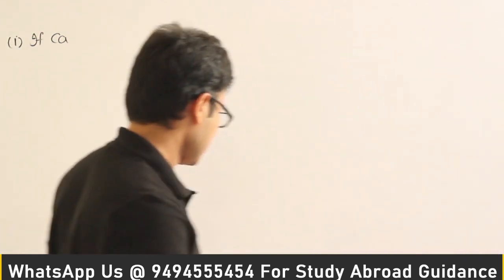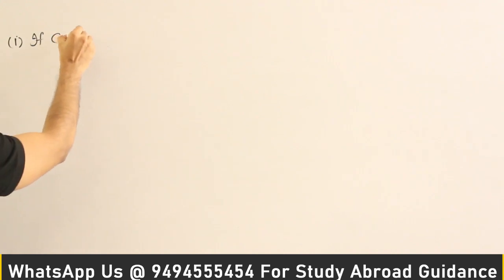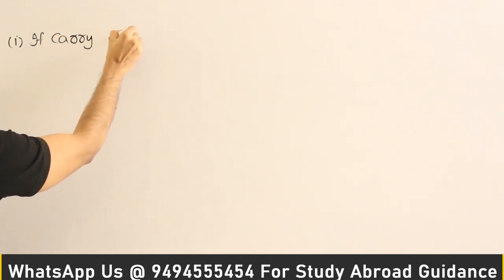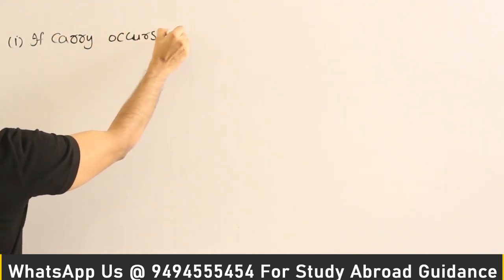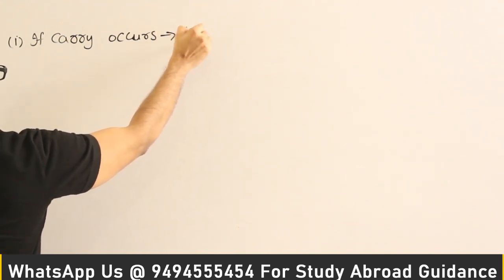Now let's see about excess 3 addition. You have to follow these two rules. One rule is, when you are doing excess 3 addition, if carry occurs, we are going to add a correction of plus 3.